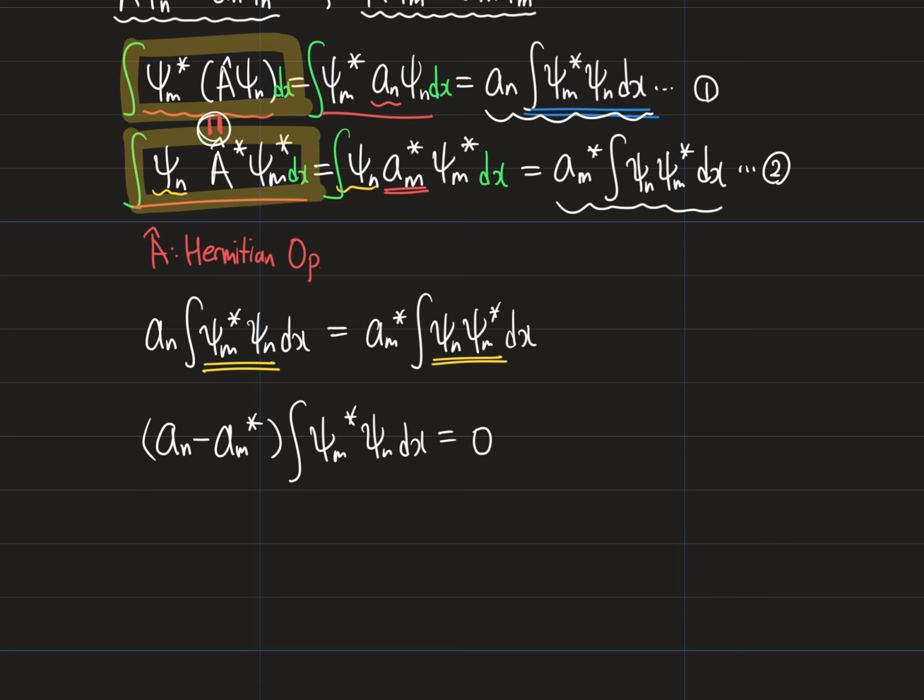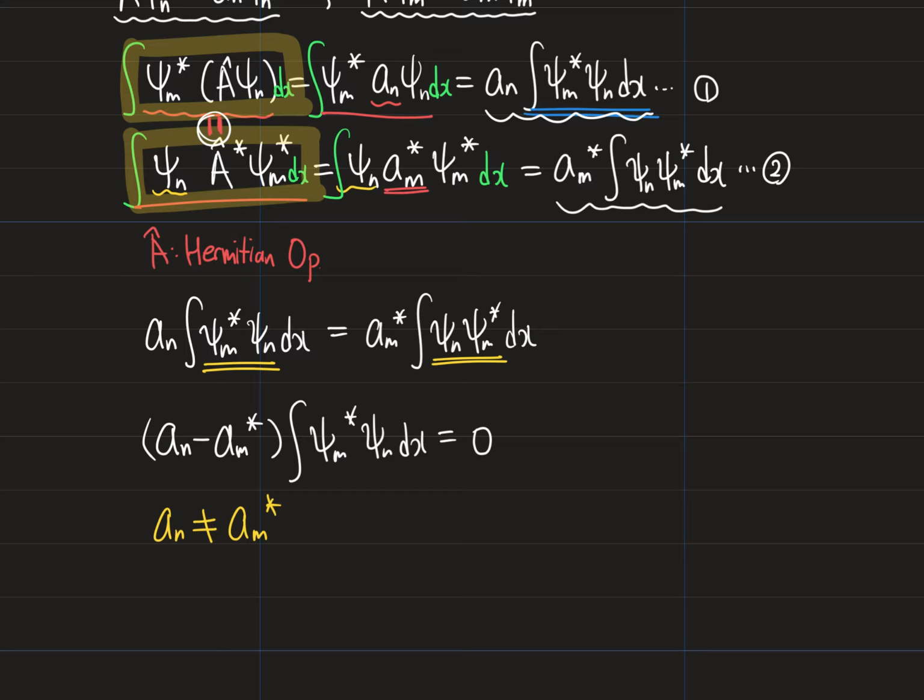So from our very first assumption, there are two different eigenvalue equations. That means a_n and a_m cannot be the same, right? Because they are two different eigenvalues.